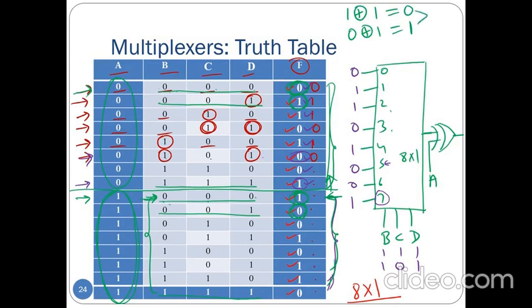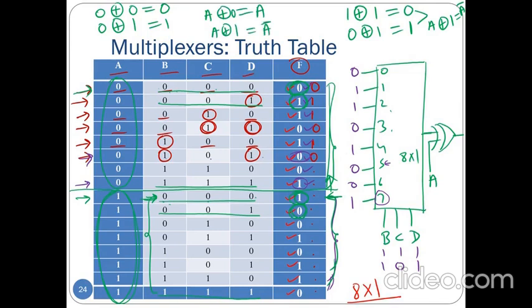So essentially A XOR 1 is always not A, the complement of A. Similarly, if you XOR any number with 0, you simply get that number itself. For instance, 0 XOR 0 gives 0, and 0 XOR 1 gives 1. So A XOR 0 is always A, but A XOR 1 is always not A.